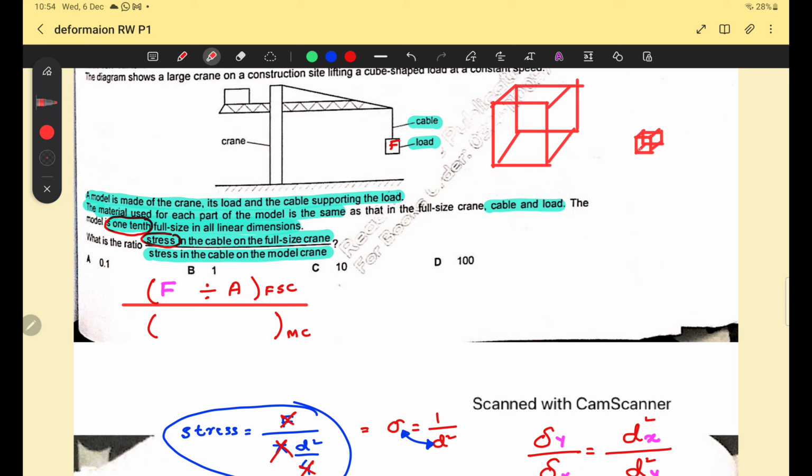Then obviously the model block will be very small in size. And if it is very small, how much will the weight be reduced? When we made a model whose dimensions are reduced by 1 upon 10, how much weight of the same block will be reduced?